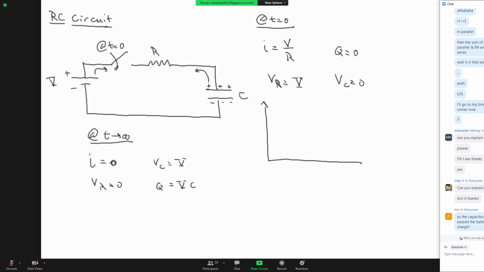So if we graph current as a function of time, we see current starts off at a maximum, which is V over R, and it decays all the way to 0. And if we did charge as a function of time, it starts at 0 and goes up to a maximum.